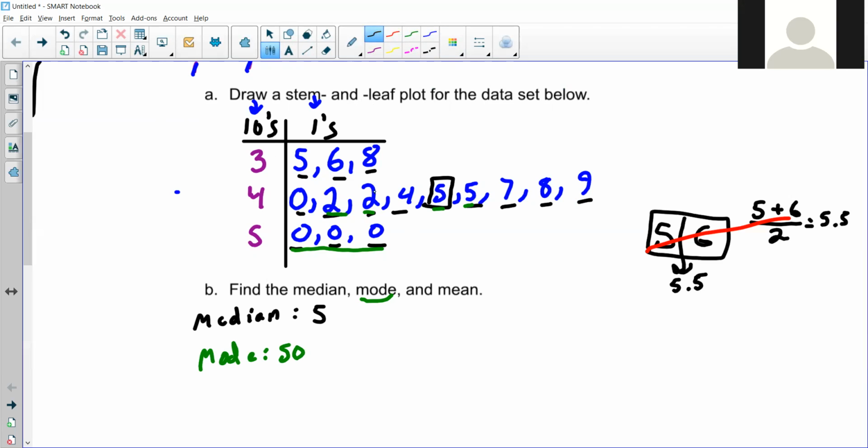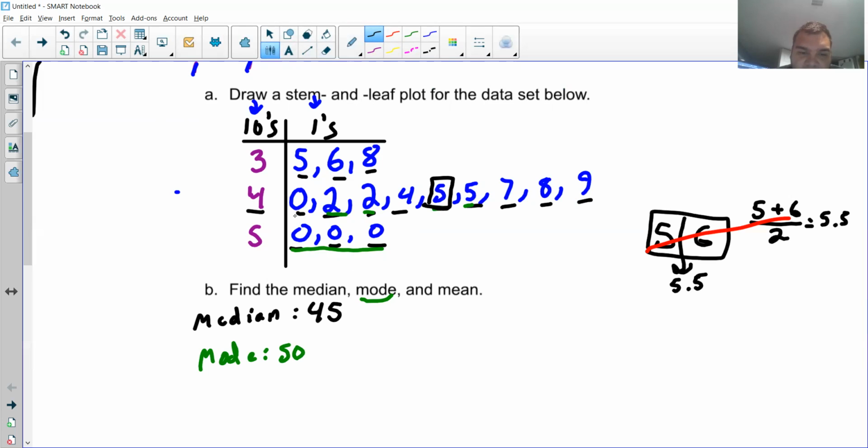Oh, my fault. I thought there were 4 zeros. There's no. This is my fault. This right here is not just 5. Remember, I have to read it as a stem and leaf plot. So it's 4 and 5. So it's actually 45.